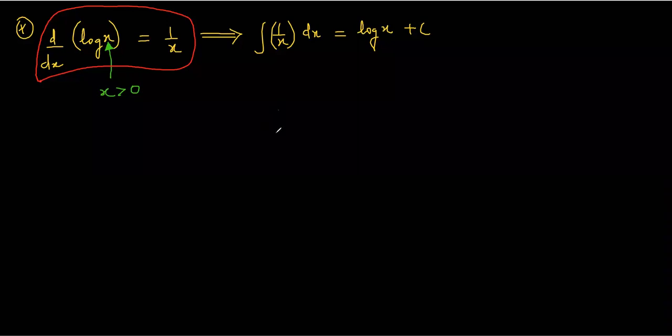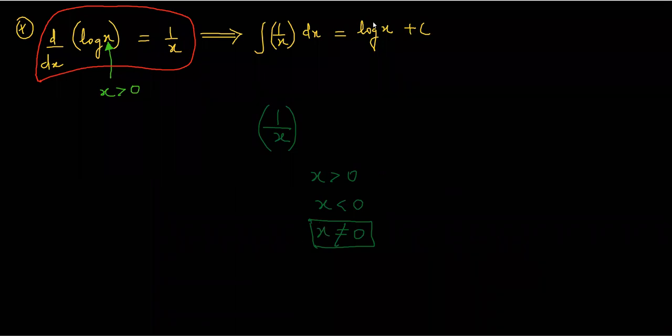Students, 1 upon x is a function which is defined for x positive as well as x negative. 1 upon x is not defined for x equal to 0. That is why you write x not equal to 0 when you write 1 upon x.